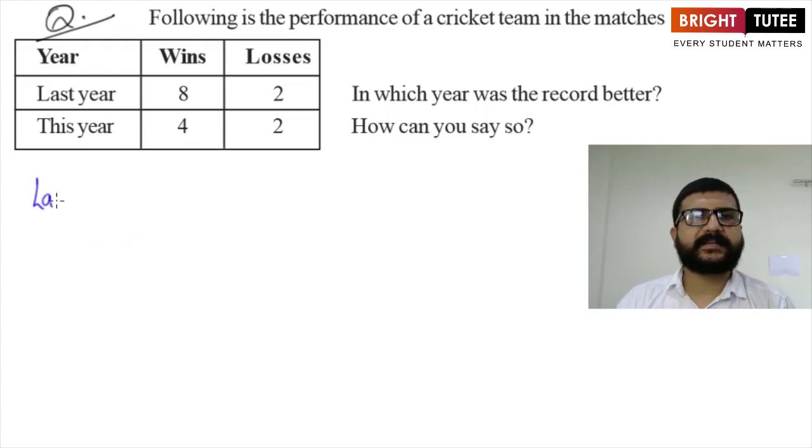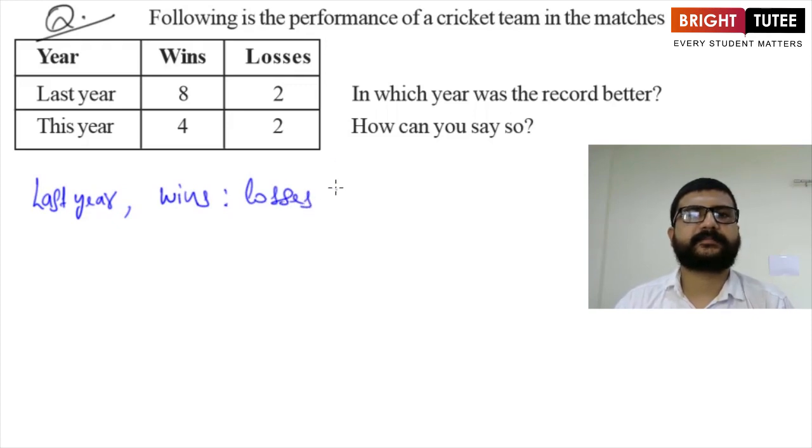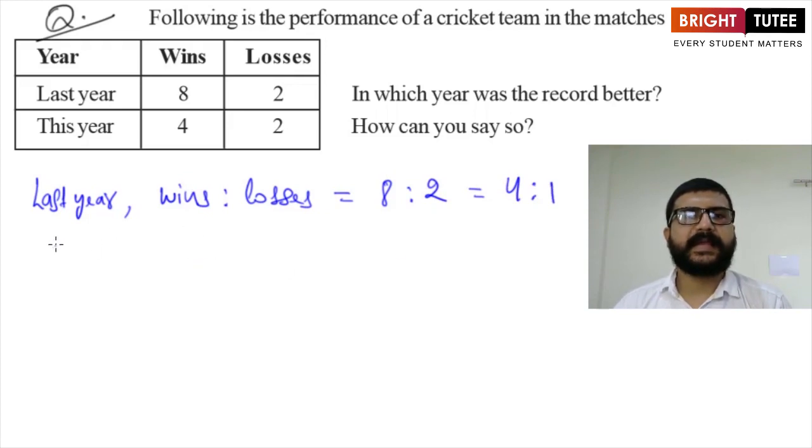So for last year, the ratio of wins to losses will be equal to 8:2, and when simplified this will become 4:1. And this year what is the ratio?